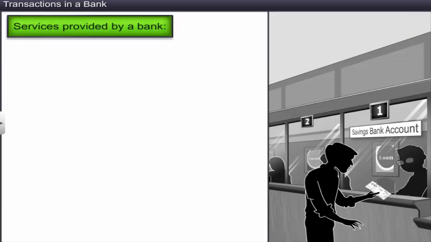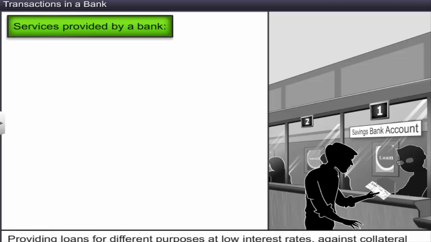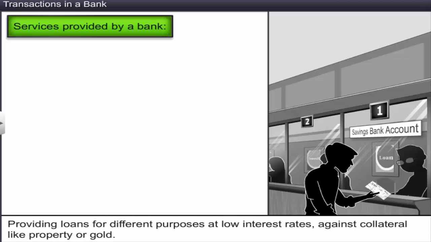Let's see the various services provided by a bank. Banks accept deposits of money, provide security, and pay interest. Banks provide loans for different purposes at low interest rates against collateral like property or gold.